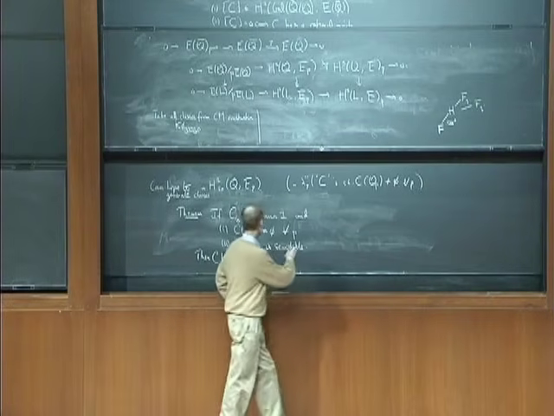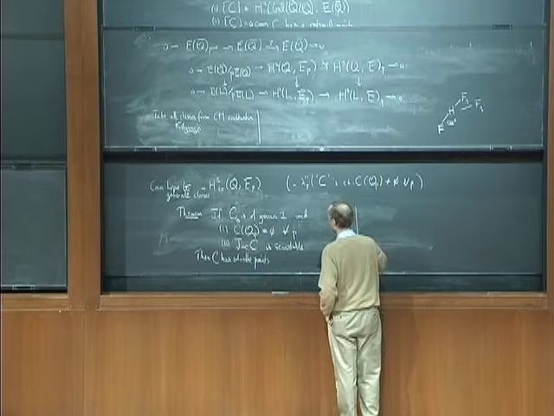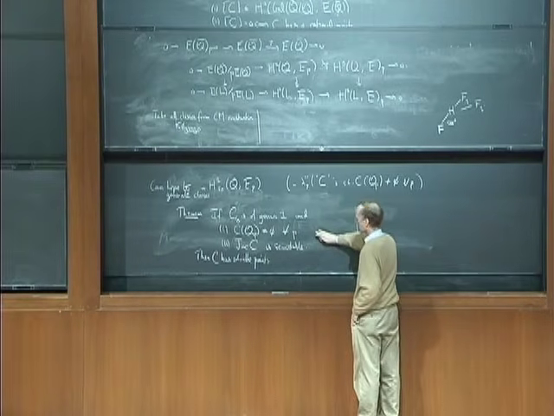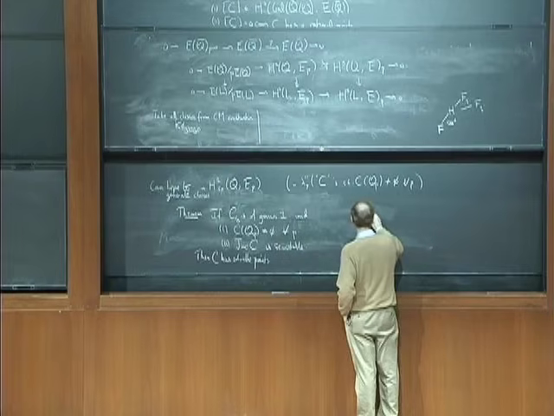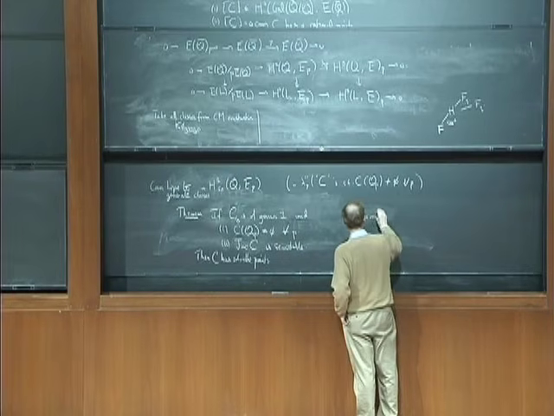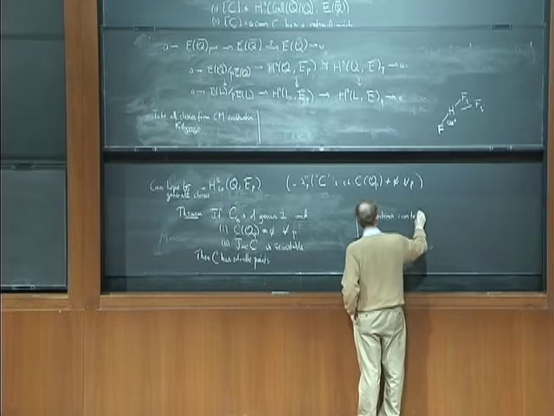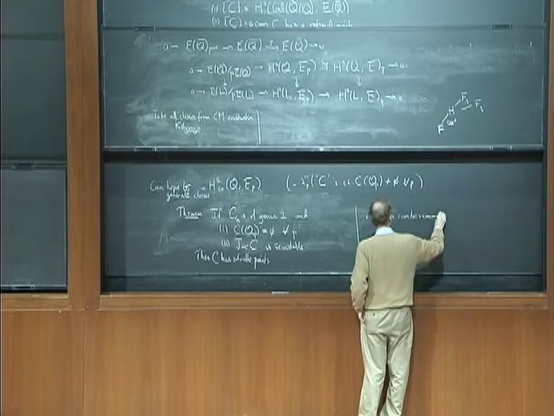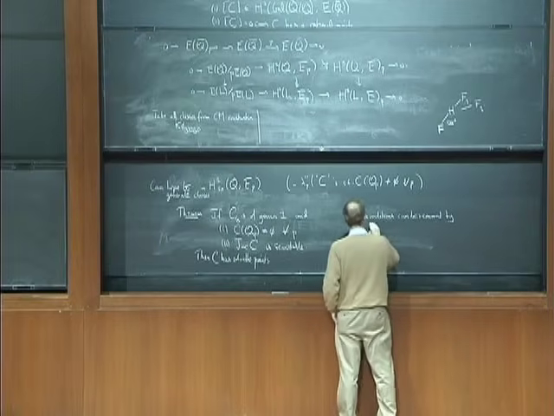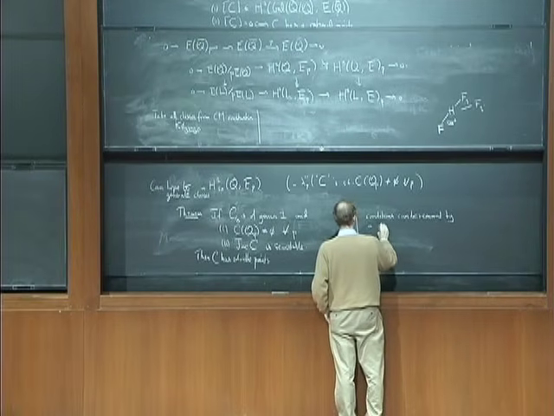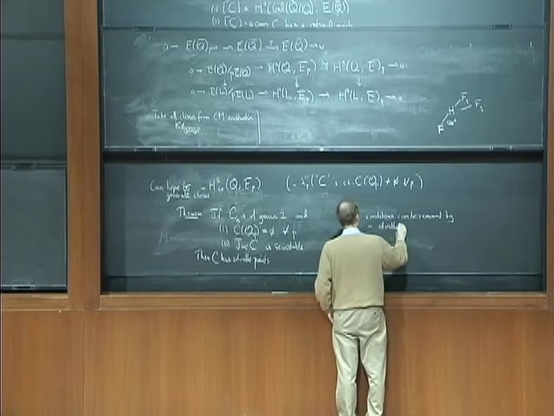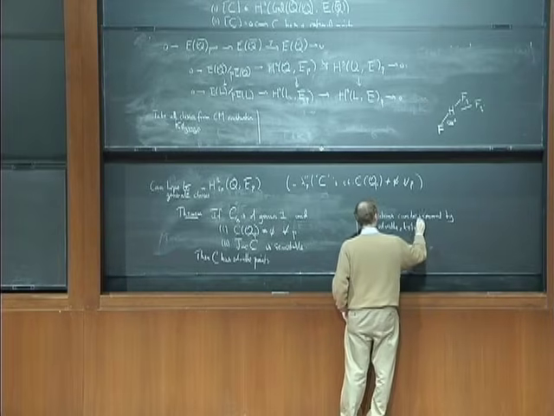Now these conditions are quite restrictive. On the other hand, they're beautifully designed to disappear under base change. So these conditions can be removed by a solvable, totally real base change.